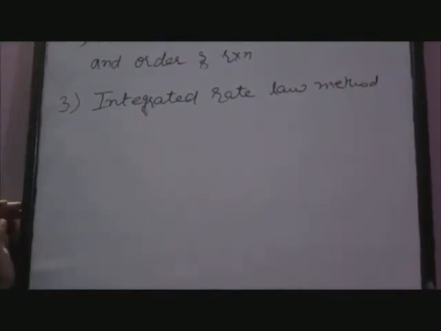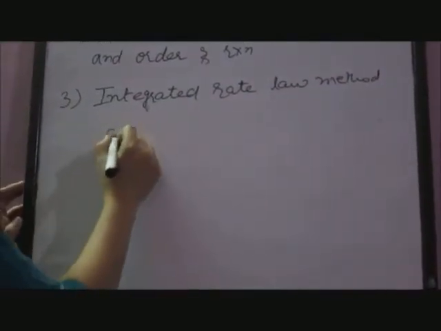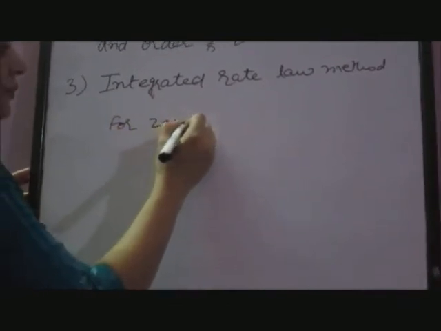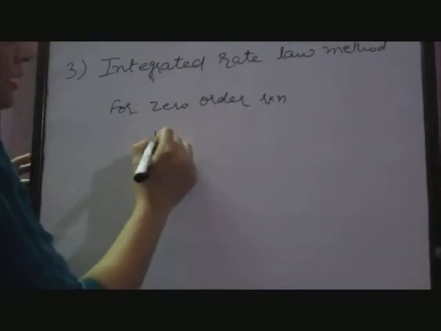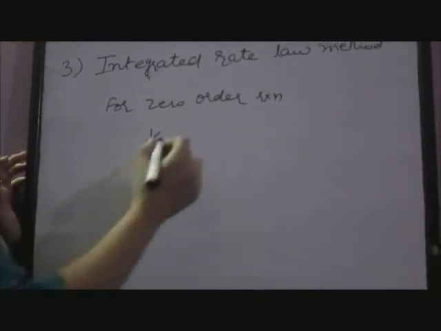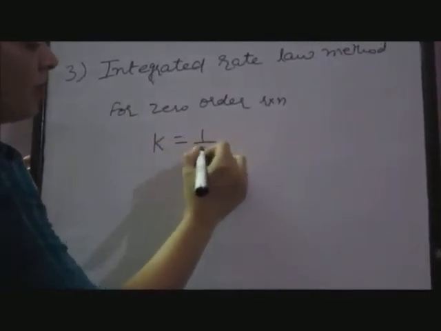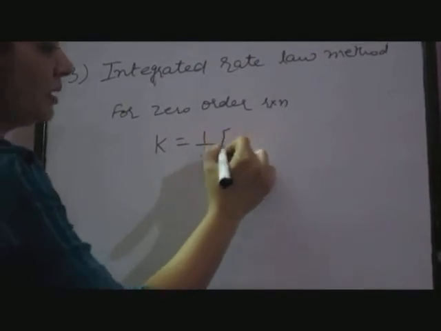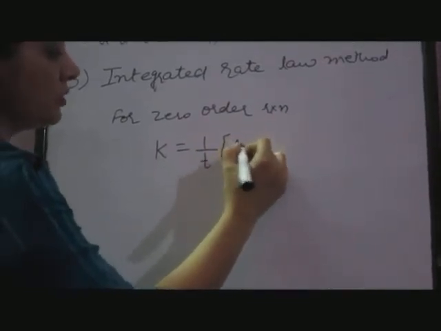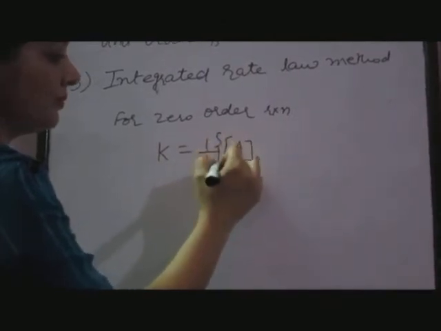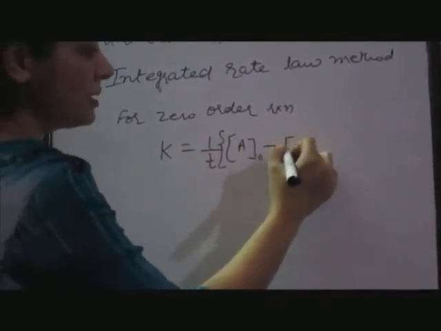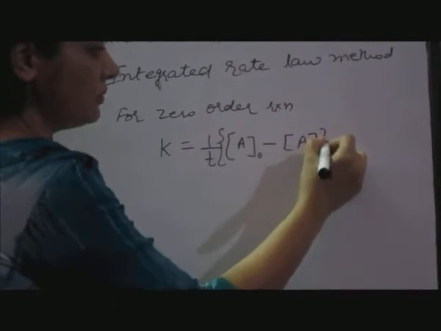As we already know that for zero order reaction, rate constant K is equal to 1 by t, initial concentration minus concentration at time t.